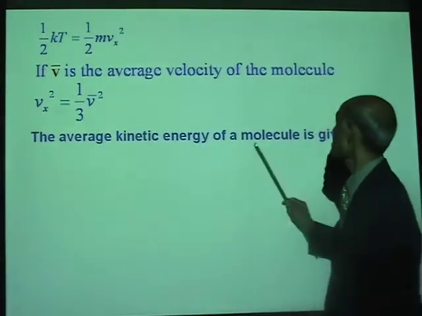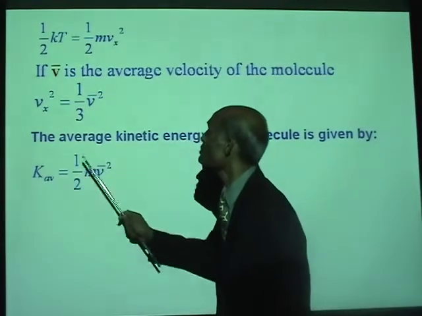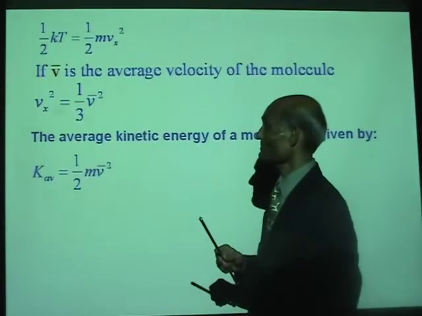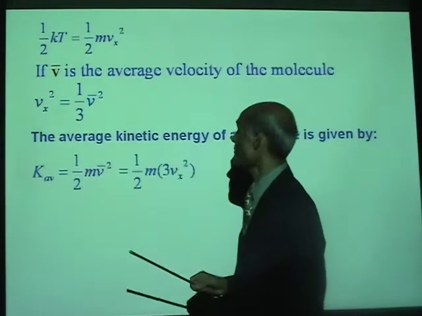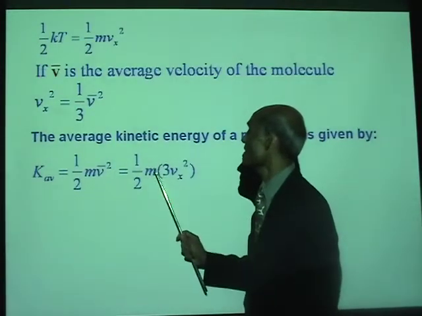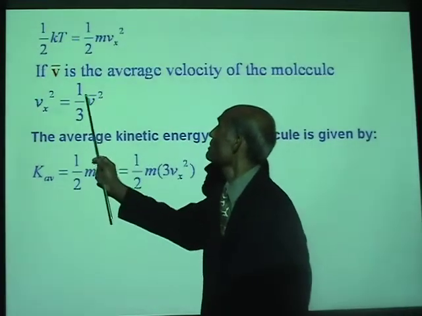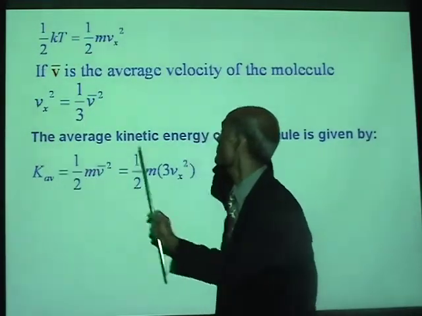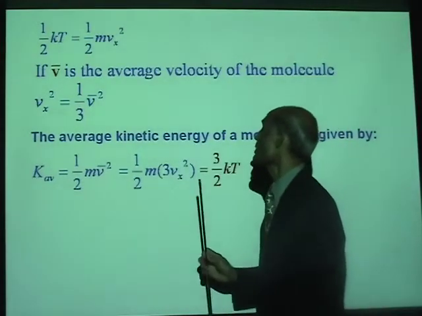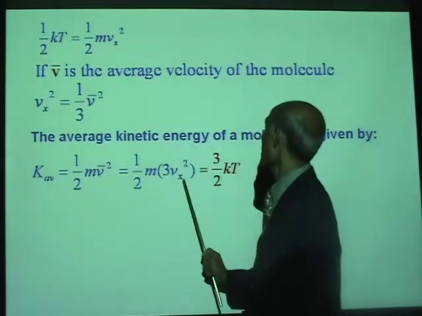The average kinetic energy of a molecule is given by K average equal to 1/2 m v bar squared. Now, look at the way I'm going to write it. It is 1/2 times m times v bar squared. This v bar squared is 3 vx squared.